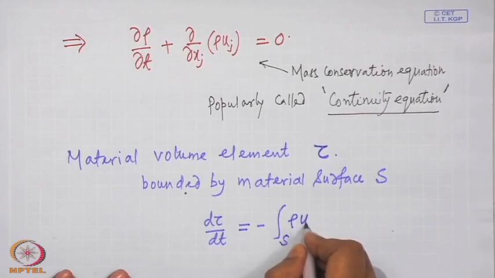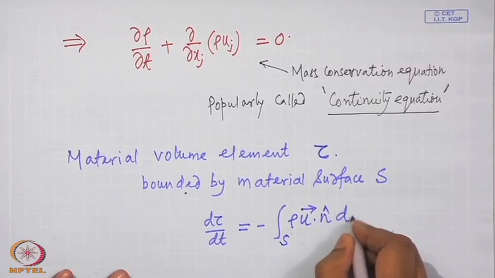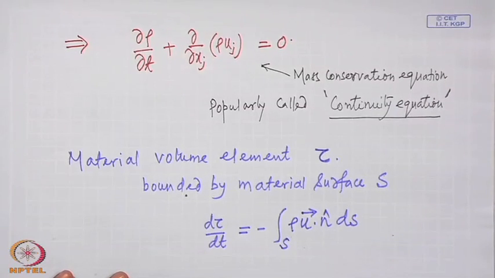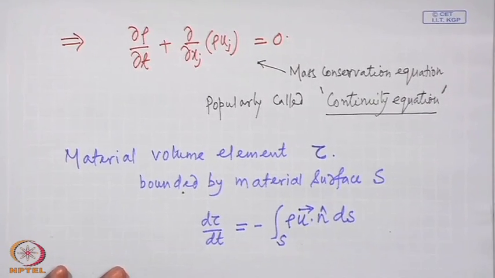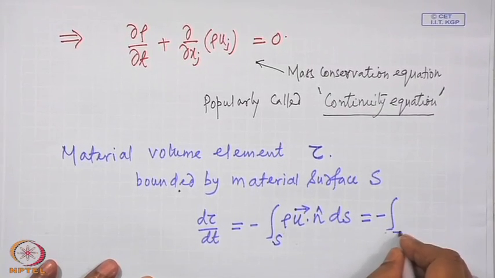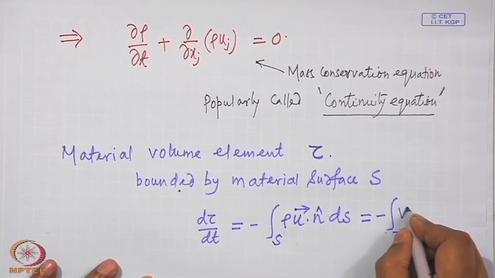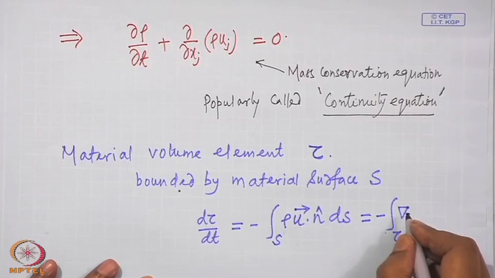How much the volume is moving, how much the total surface is moving, and that is again, which again by divergence theorem... Sorry, why rho?